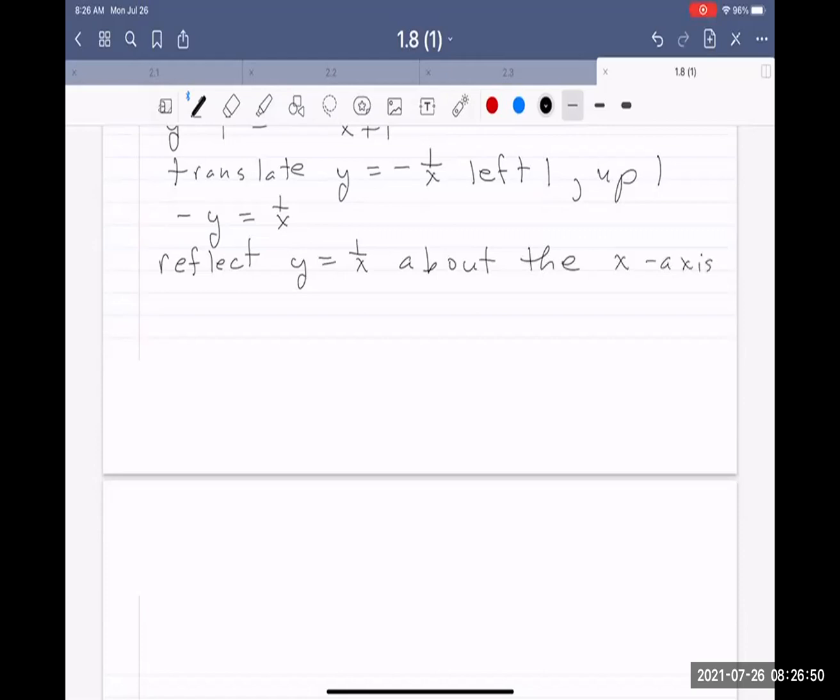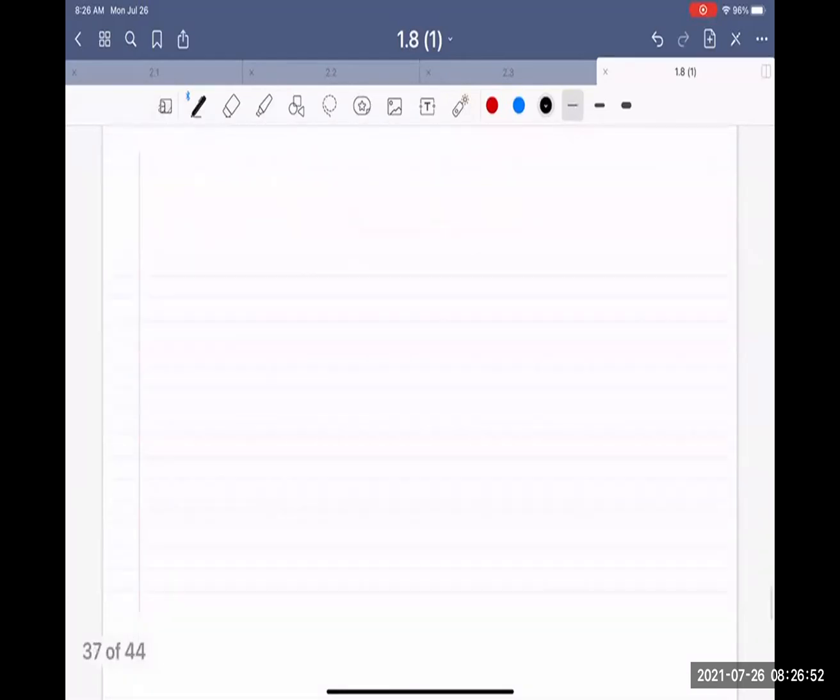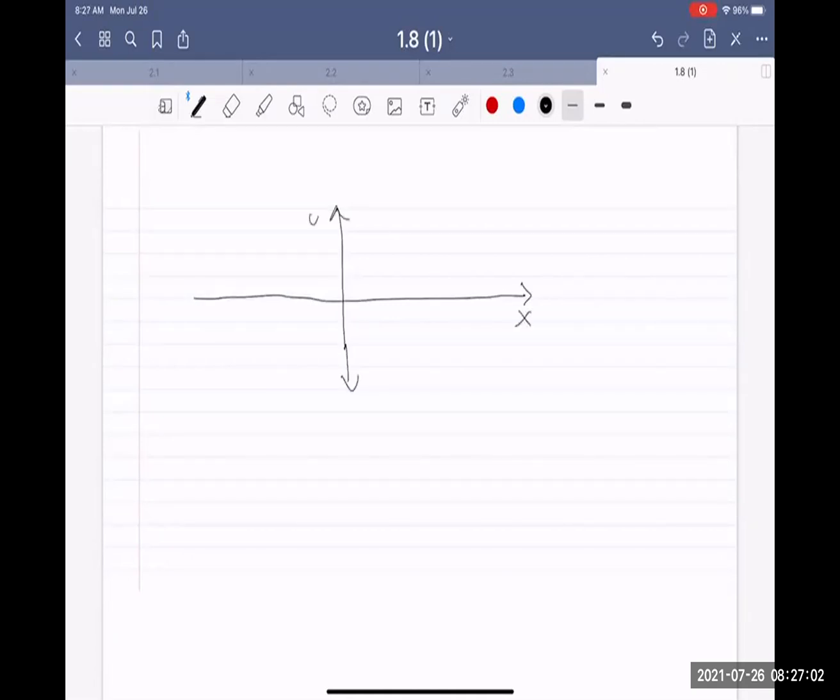Okay, so let me try to sketch a graph of this. Maybe I'll do red first. Let's sketch the graph of 1 over x.